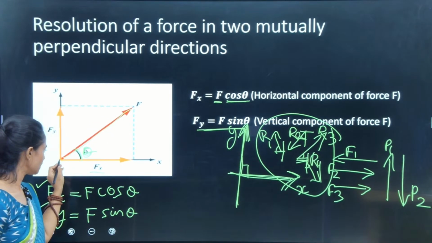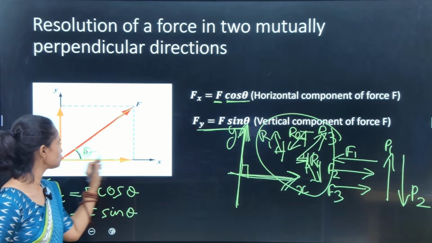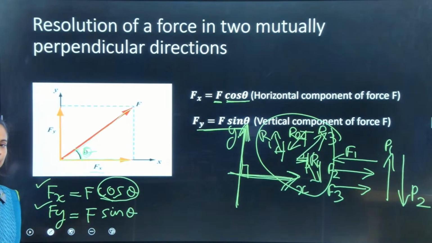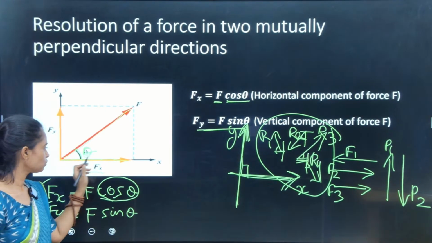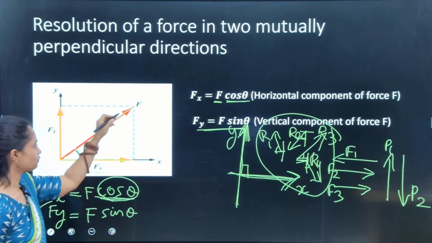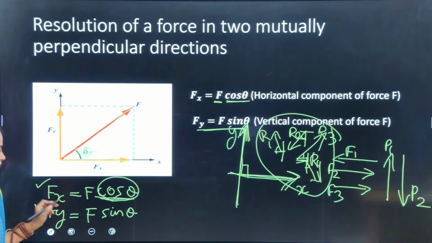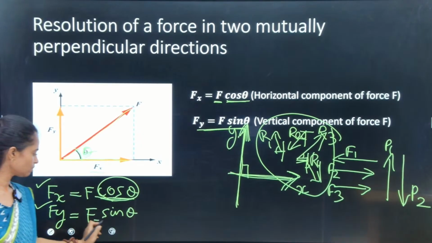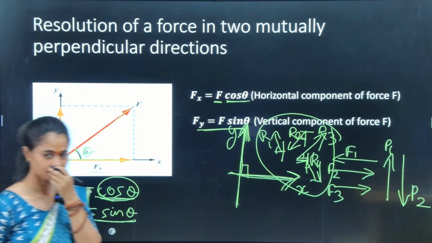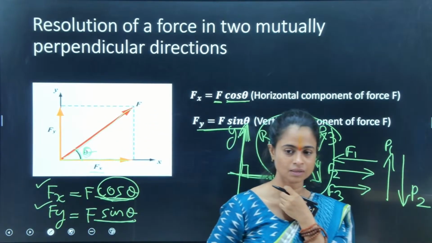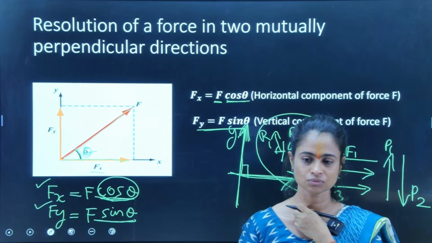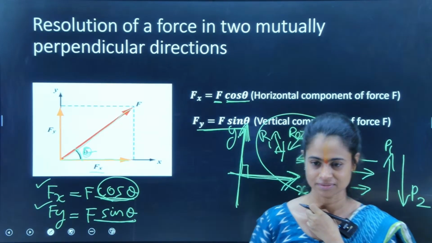So we take the axis which is close to theta as cos. You have to take the cos component along the axis to which the force is inclined. And the other component will be the sine, F sine theta. Is this much clear? If yes, then we'll move forward.